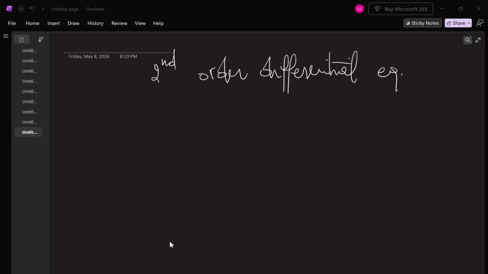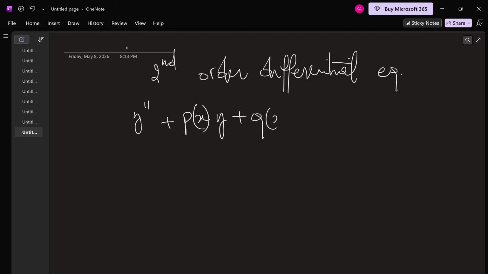So the first step is we have our equation written in this form: y double prime plus some function p of x times y prime plus another function q of x times y is equal to some function g of x.